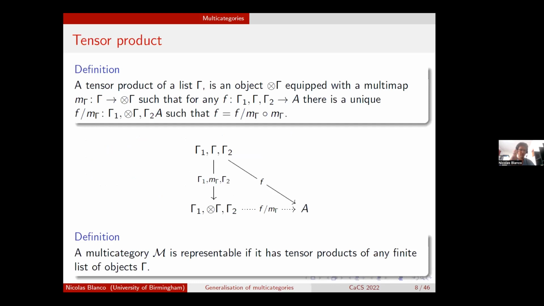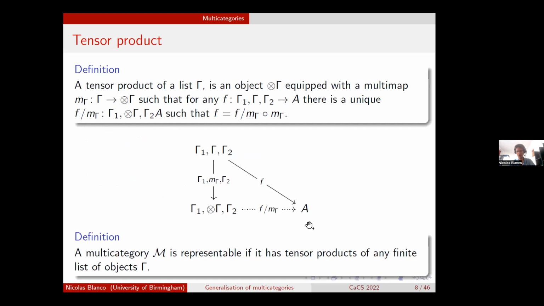And the main point is that you can define a tensor product in the same way that you would in vector spaces. The idea is that a tensor product of a list is an object that comes with a map M that goes from gamma into tensor gamma, such that any map that has gamma in its input will uniquely factorize through M, followed by a map that has tensor gamma in its input.